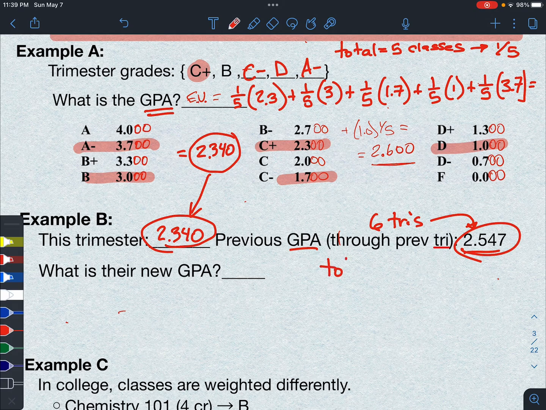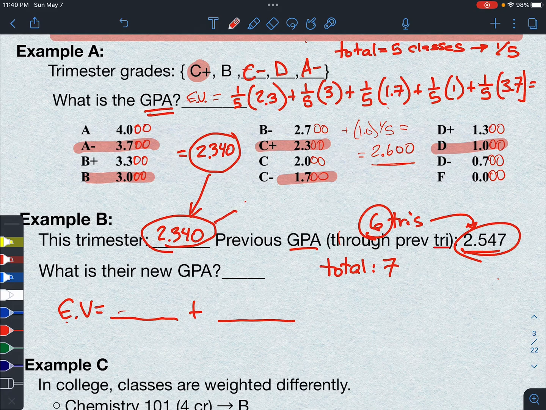Well, again, the first thing you need to think about is what's the total? In this case, to get the expected value, hopefully you see that there's only 2 parts. There's the old trimester and there's the new trimester. There's the old 6 trimesters. So total, we have 7 trimesters.